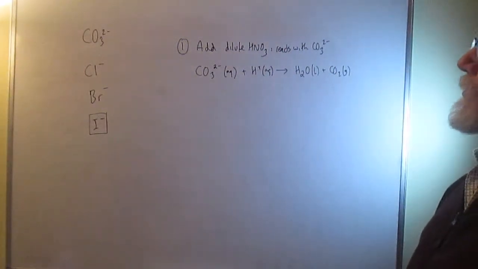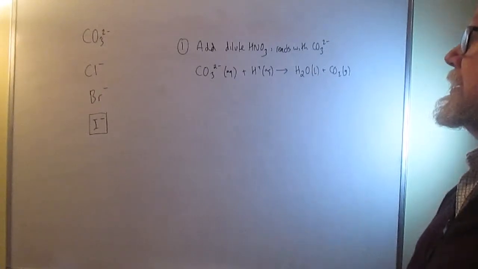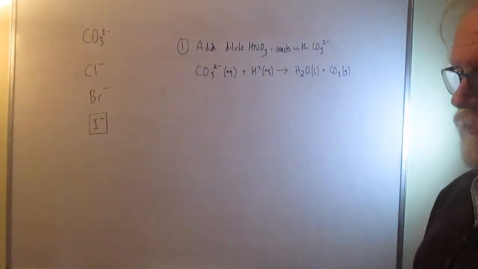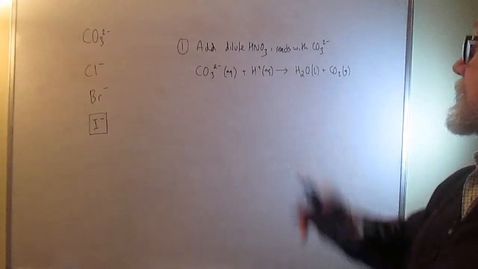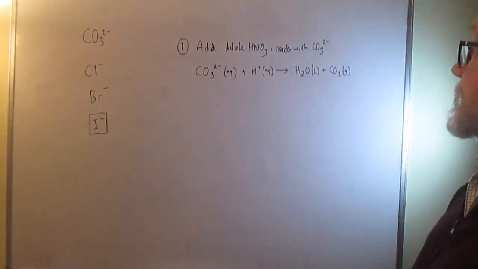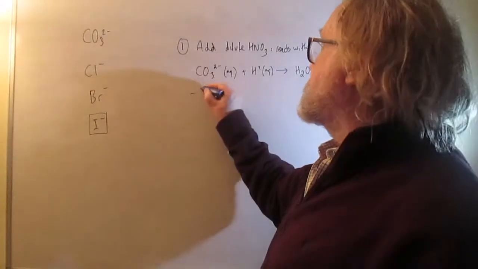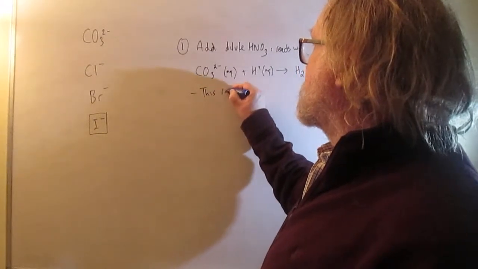Okay, so the nitrate ions don't appear in the ionic equation because they stay in solution. That's the important thing. And whatever positive ions may be there, we don't know, but they don't appear either. So we just get rid of the carbonate and turn it into CO2 and water. So we say that this removes carbonate.